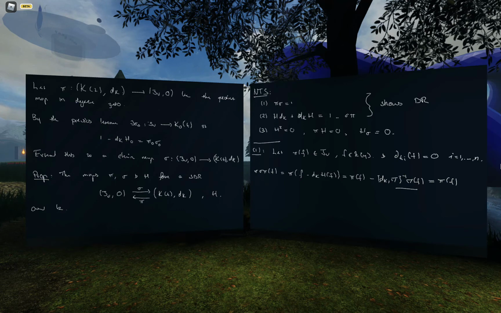Okay. Therefore 2. In degree 0, we have that 1 minus sigma pi 0 is equal to dk h0, which is enough because if we write out h0 dk, sorry, give us a sec.